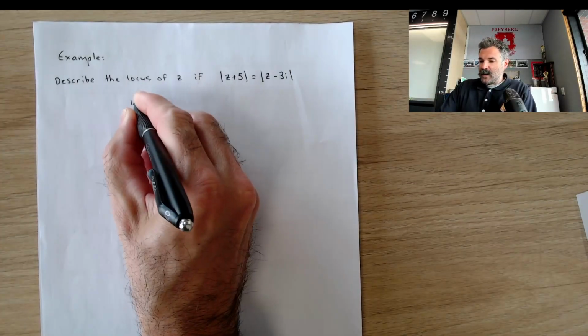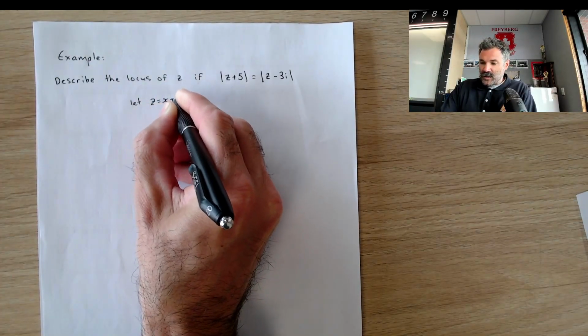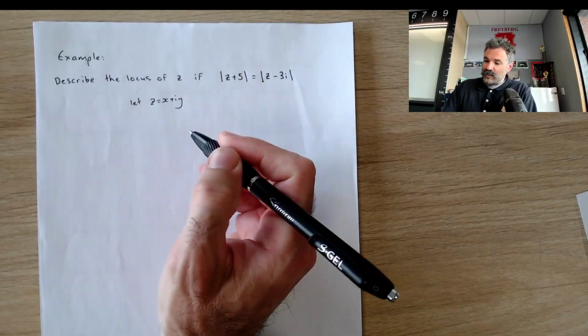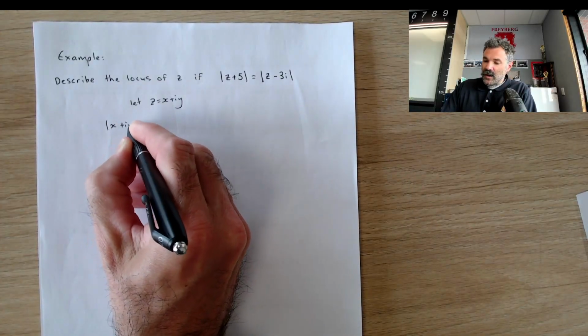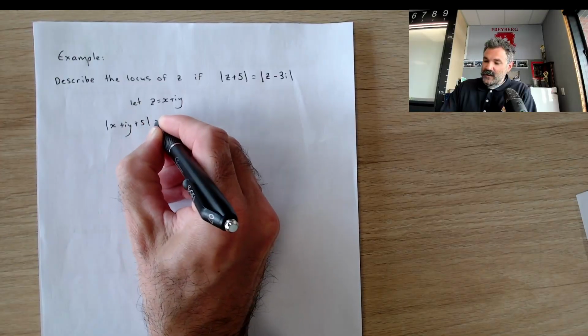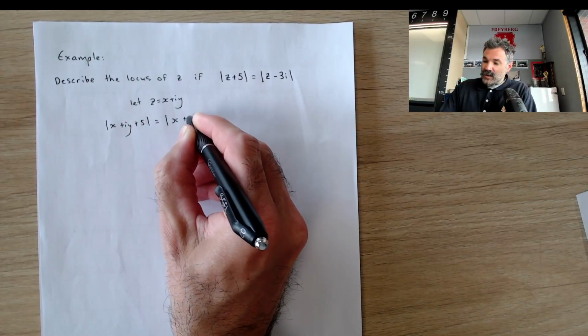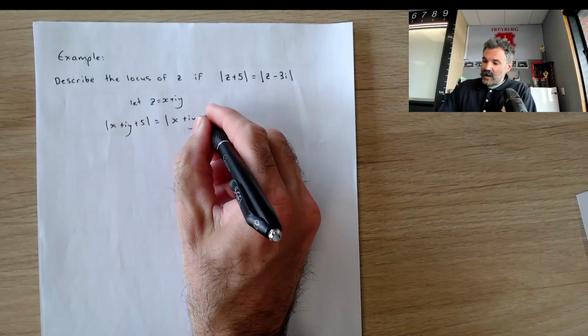So we're going to, again, let z equal x plus iy. Put that in. We've got x plus iy plus 5 is equal to x plus iy minus 3i.